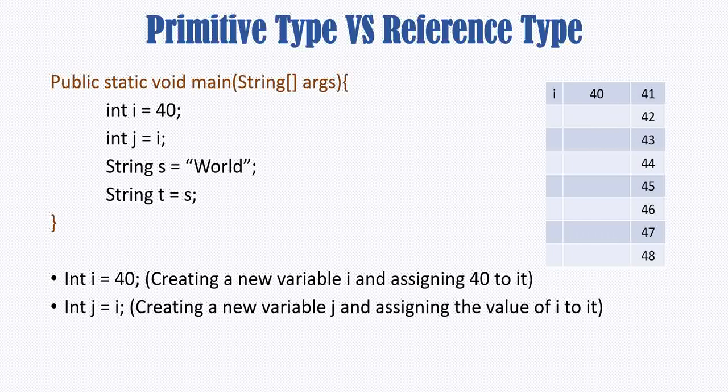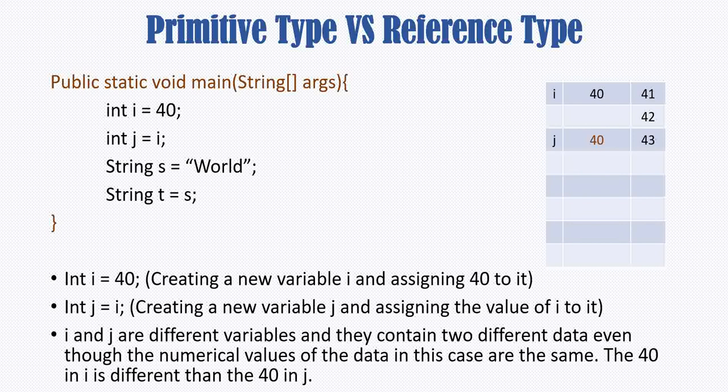Now on the second line, we are saying int j equals i. Here we are creating a new variable j and assigning the value of i to it. That means the value of i is 40, so we are assigning j to 40. j equals 40 is stored in slot number 43.